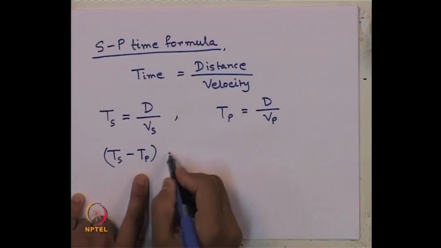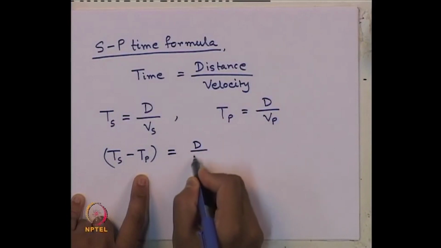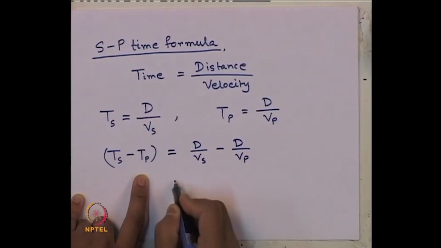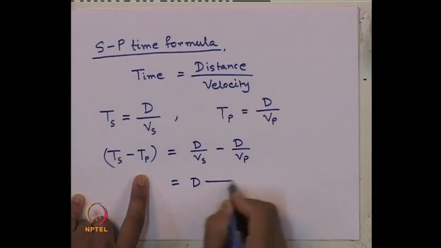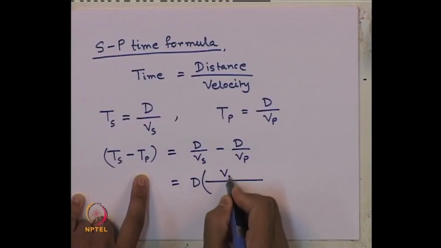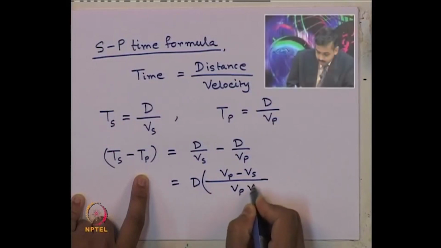So Ts minus Tp is d by Vs minus d by Vp, which is d times (Vp minus Vs) by (Vp Vs).